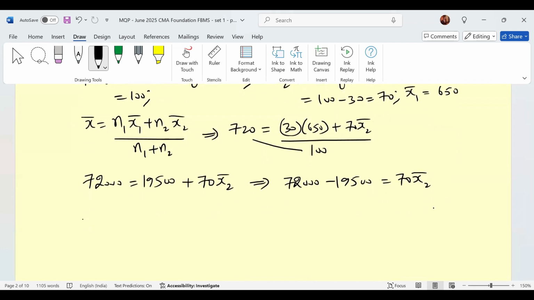So that means X2 bar will be 72,000 minus 19,500 divided by 70. Calculating this, we will get the X2 bar value as rupees 750. So that will be the solution for this particular question. We'll do the rest of the questions in the next video.